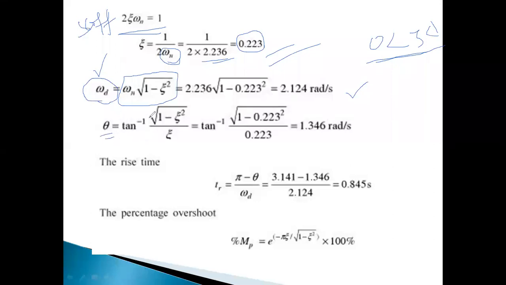Theta is tan inverse, using the right angle triangle: this is theta, the sides are the square root of 1 minus ζ² and ζ, and this is unit value. From this we can find theta in terms of radians.